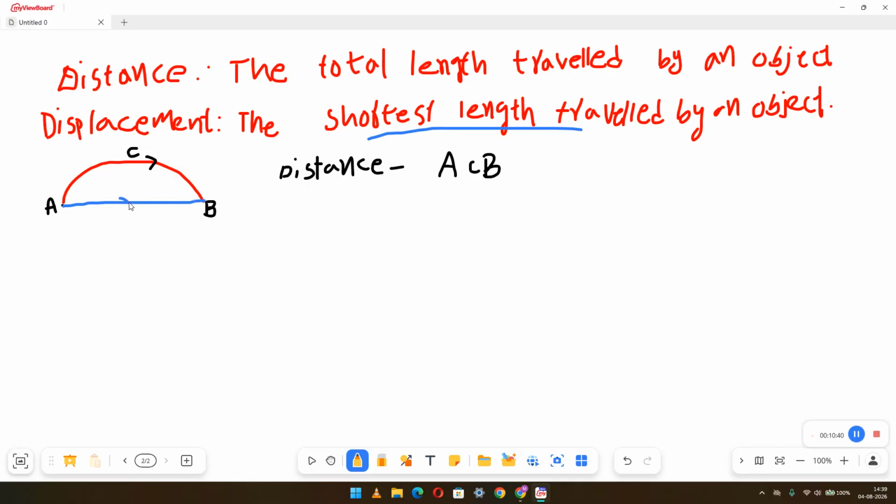AB is displacement, ACB is distance. So here the distance is greater than displacement.